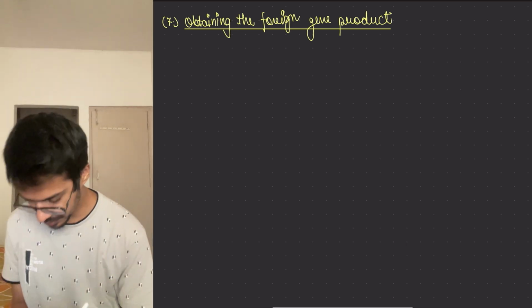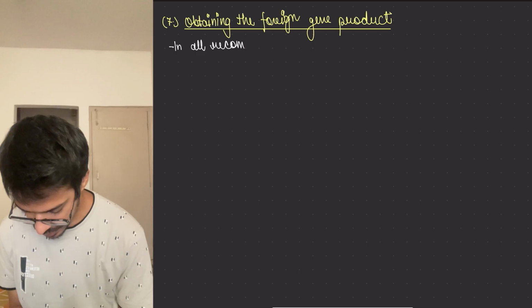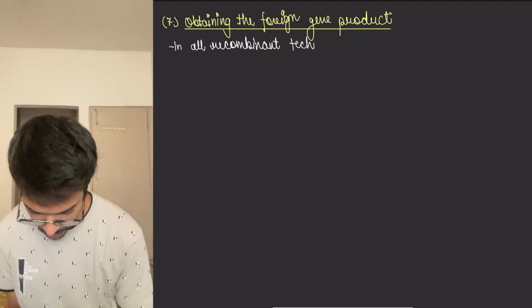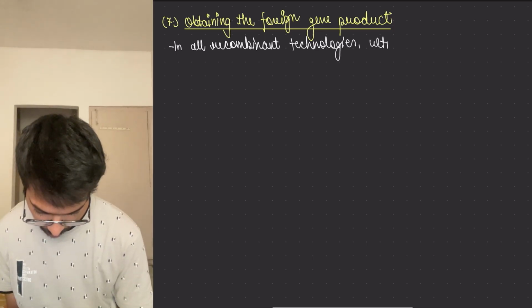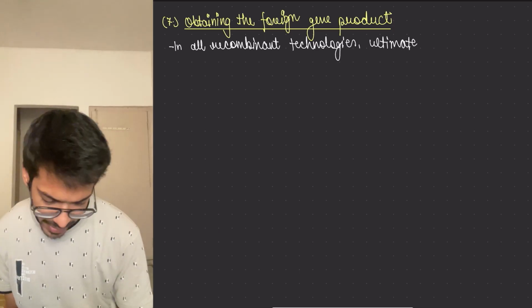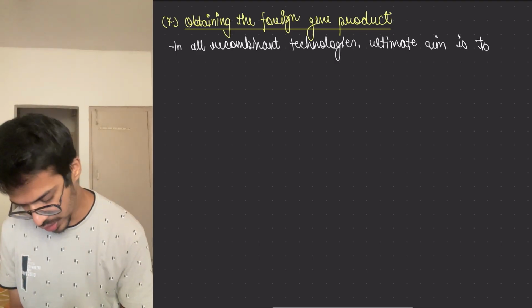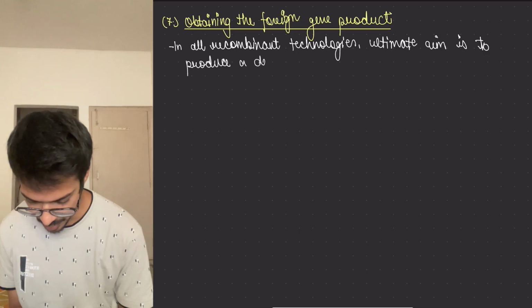Now let's see. In all recombinant technologies, the ultimate aim is to produce a desirable protein.